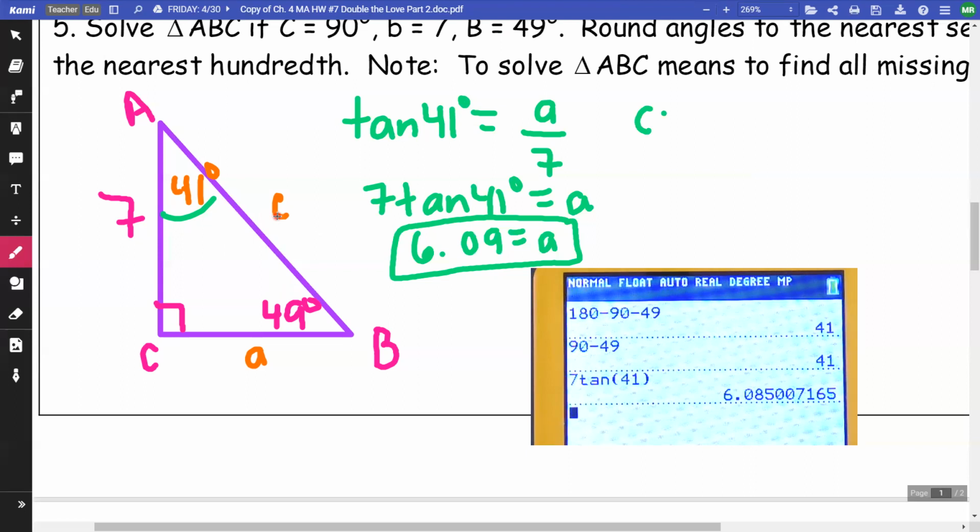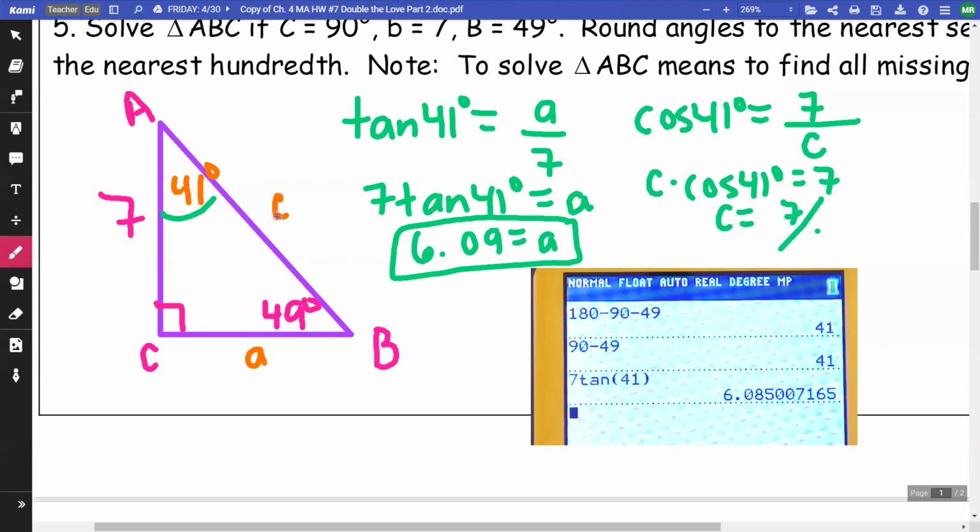So I will do cosine of 41 degrees equals adjacent, which is 7, over hypotenuse, which is C. So I'm going to get C times cosine of 41 degrees equals 7. So I'm going to get C equals 7 over cosine of 41 degrees.